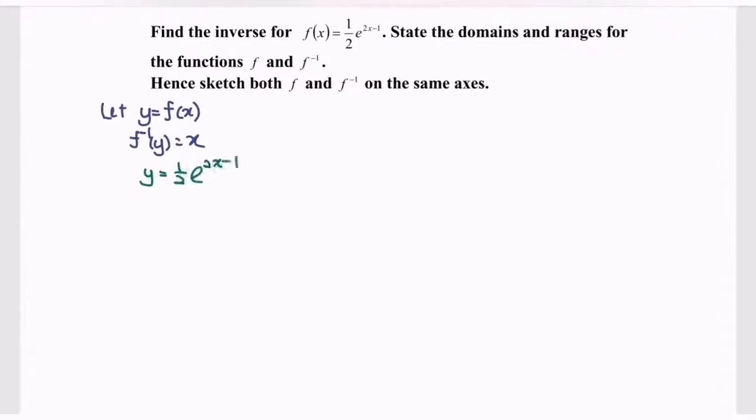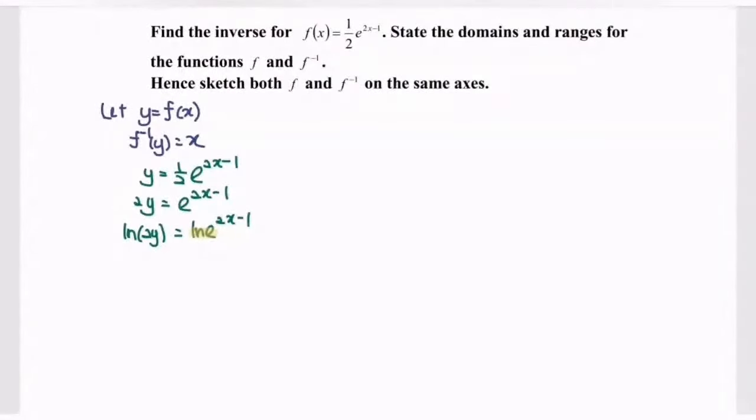Then multiply 2 for both sides. So we will have 2y equals to exponent to the power of 2x minus 1. Then ln both sides. So if we ln both sides, we will have ln 2y equals to ln e to the power of 2x minus 1. Kindly focus on these parts.